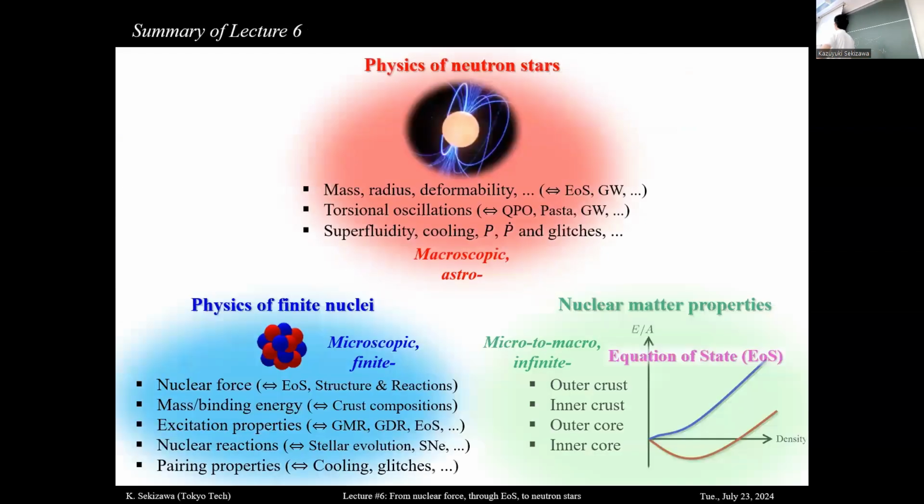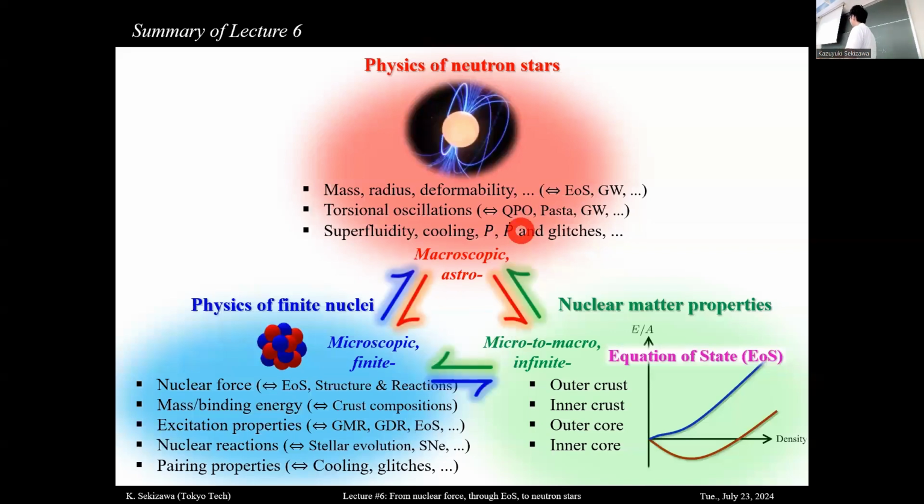This is the summary of this lecture. Today I explained the basic physics of neutron stars, related to the mass and radius of neutron stars, QPOs, and so on. It is of course related to the physics of finite nuclei, nuclear forces, and nuclear structure.